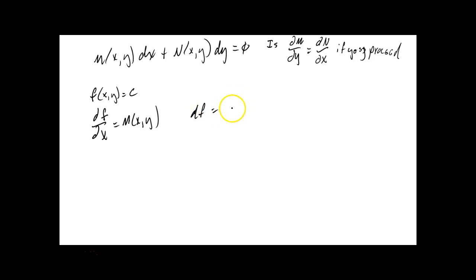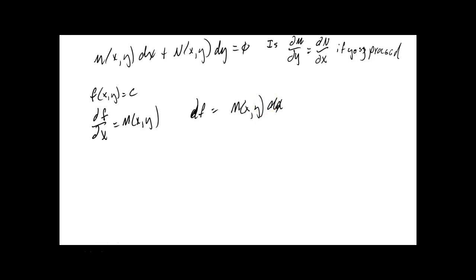which is df equal to M of x, y dx. I'm sorry, that's a partial there, and that's a partial there too.